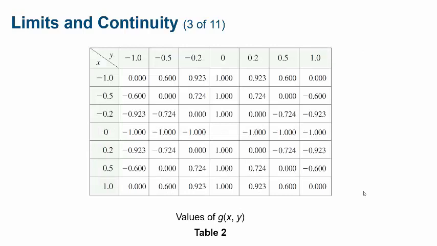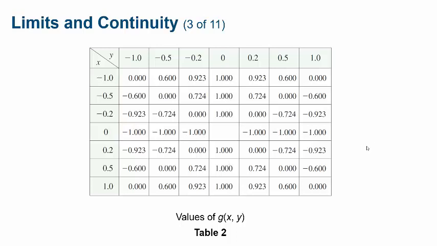Here's g of x, y, though. You notice that this is not the case. As you get closer and closer to 0, it looks like the x values are going to 1 as you hold y constant at 0. But for the y values, it looks like they're going to -1. So you have one going to 1, one going to -1.